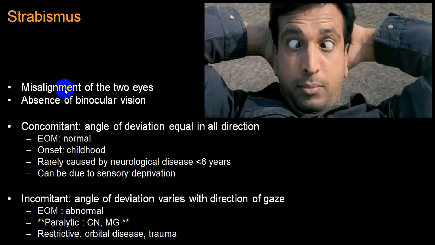So misalignment of the two eyes, absence of binocular vision, and you will have a concomitant or incomitant squint. Incomitant is paralytic squint, while concomitant is seen in particular movement only. Angle of deviation is equal in all directions.